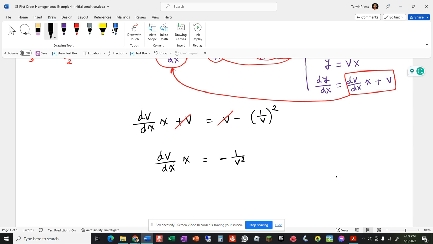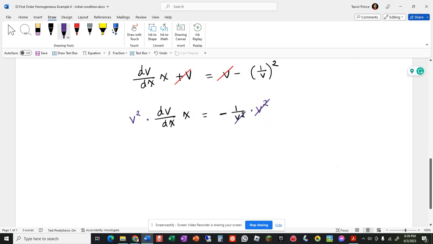So we can use the same type of trick, or here you can simply think I can multiply both sides by v squared. If you multiply both sides by v squared, all I have is -1 on the right, and we're going to flip over this on the other side.